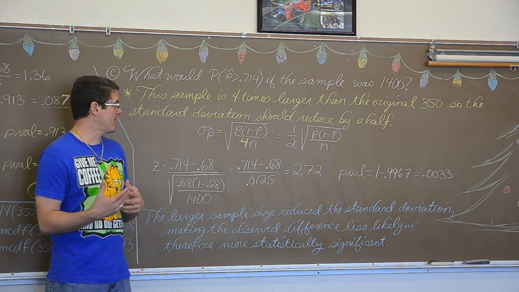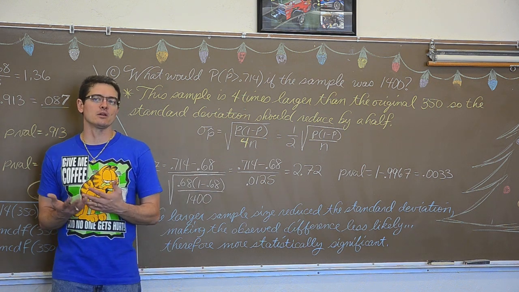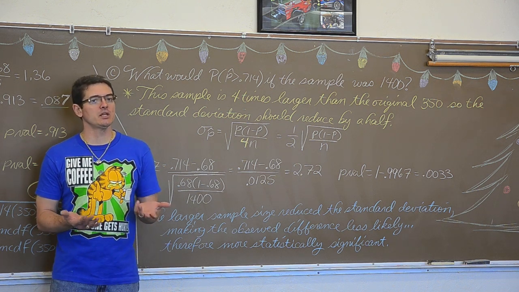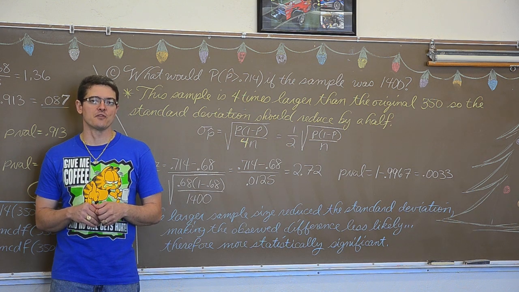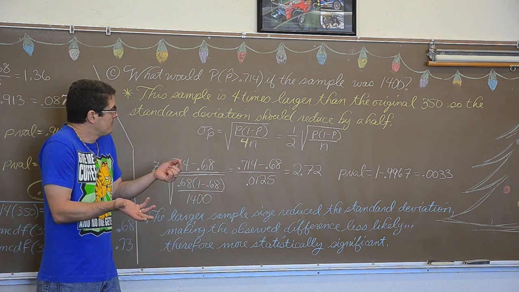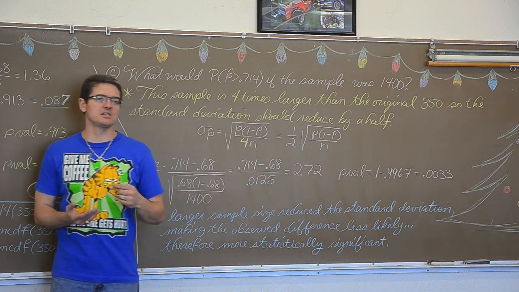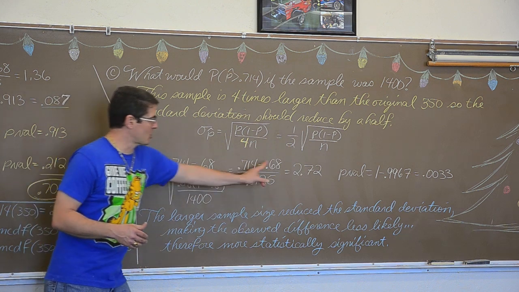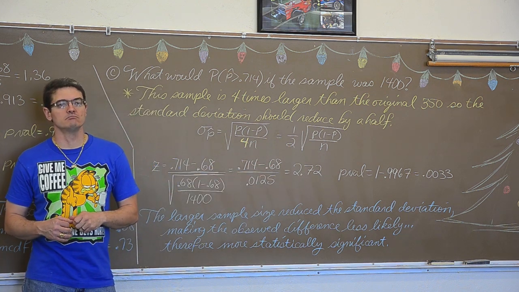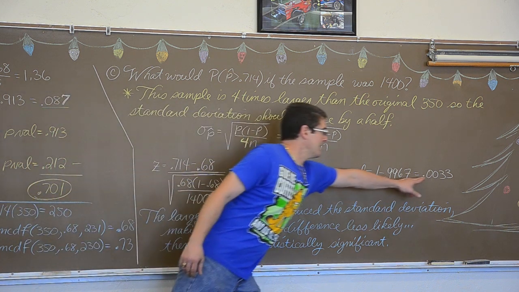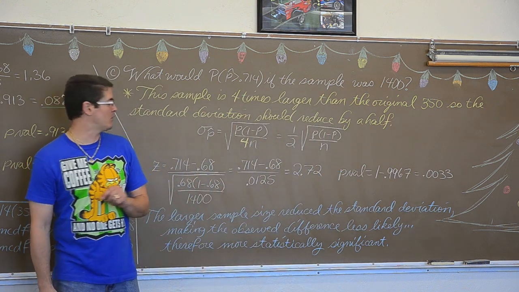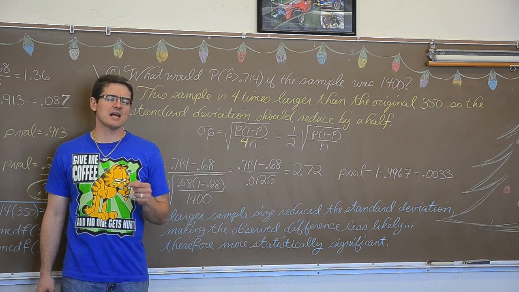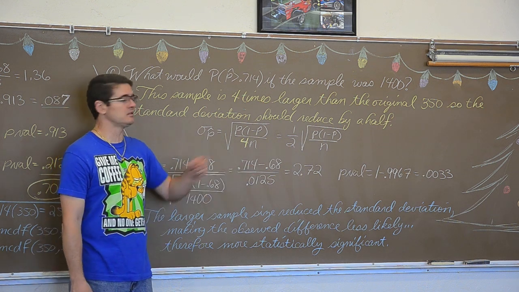And if we observe an event that was very, very unlikely, we must conclude that there's evidence that the given information was false. If we assume that truly 68% of the people traveled, and we observe 71%, and assuming the 68% was true, that gives us this very, very tiny probability, it would have us question, is that 68% that you told me really accurate, or maybe is it a little bit higher?